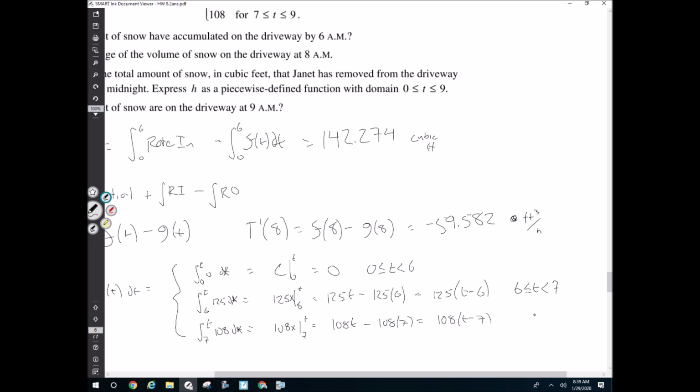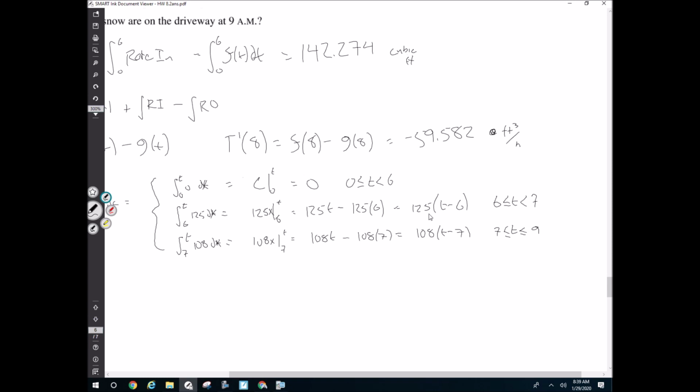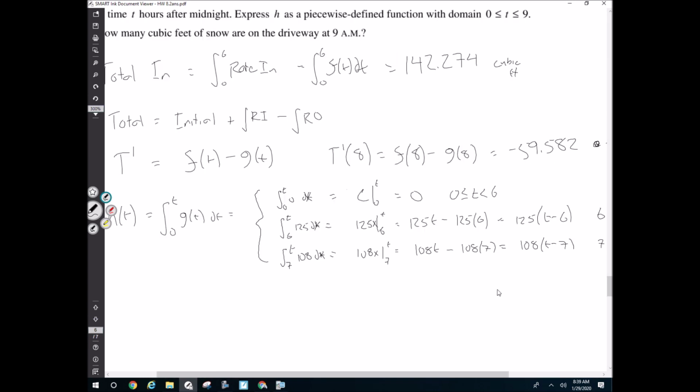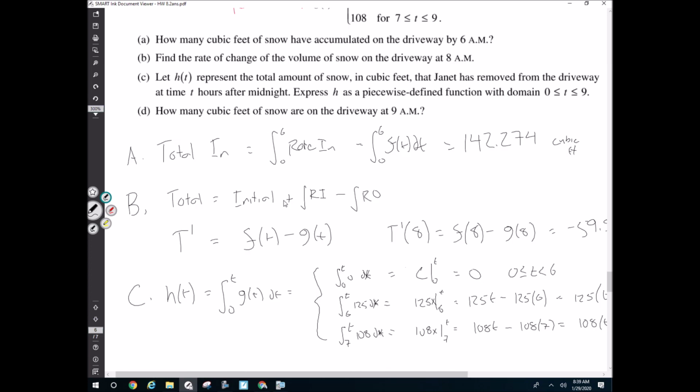So that just adjusts it so that if you're plugging in 9, you're going to have 2 hours at 108 per hour. I hope that makes more sense than just trying to figure it out. You could just go straight to this. This can only be done if your rate is constant like this.